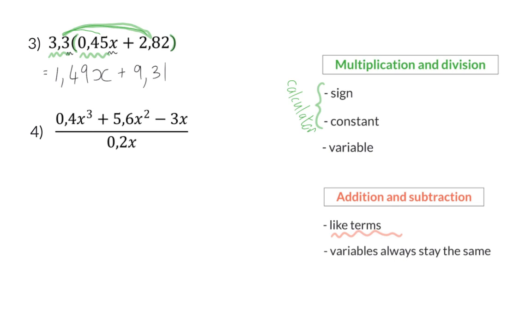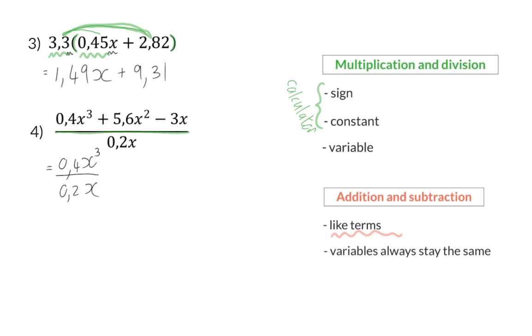In example 4, once again we have addition and subtraction, and this time also division. We cannot add or subtract because these are not like terms, so we're only going to divide. When dividing, you need to remember that every term in the numerator has to be divided by the denominator.